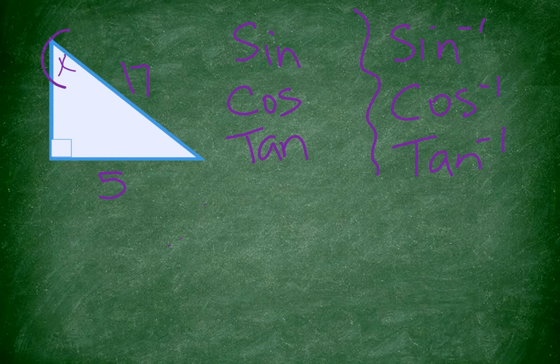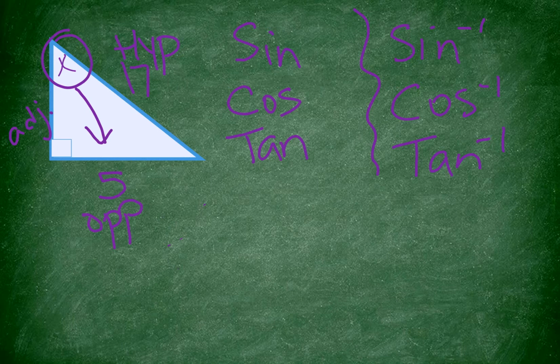So based off of this x, we're going to label the hypotenuse, which is my 17, my opposite, which is my 5, and the adjacent, which is the one that we're not using. So I've said in the previous video that you have two pieces of information you know and one that you're trying to find. And in this case, we know two sides, and incidentally, you can find the adjacent as well by doing Pythagorean theorem, but I digress.